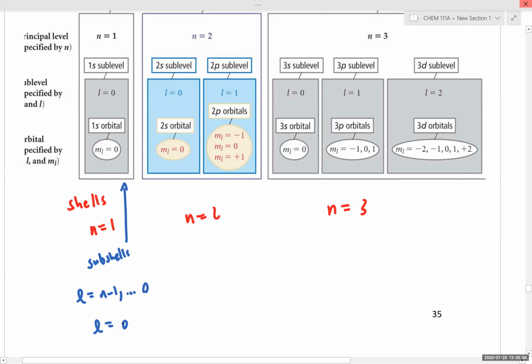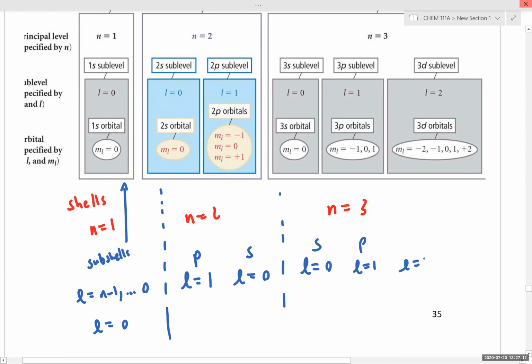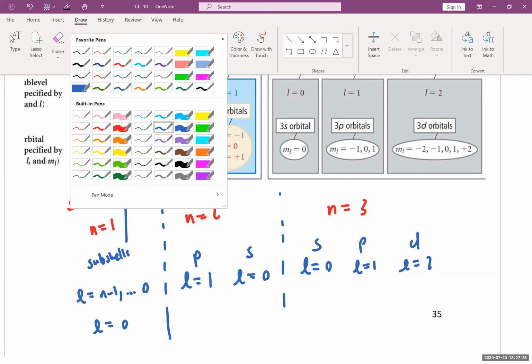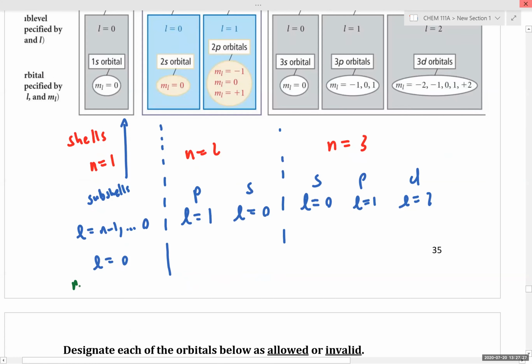So in this case, we have the L equals 0 subshell. For n equals 2, we can access L equal to 1 and L equal to 0, or S and P orbitals. For n equal to 3, we can access L equals 0, which is S, L equals 1, which is P, and L equals 2, which are the D orbitals. Each of those subshells contain a unique number of orbitals based on the ML values.